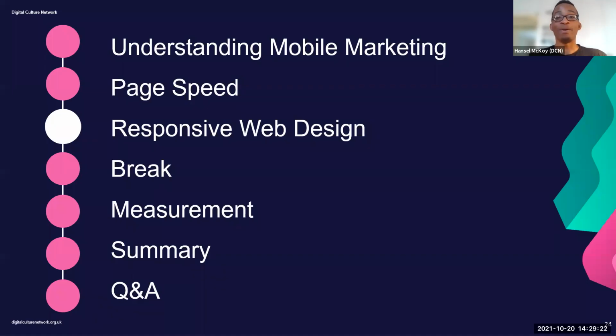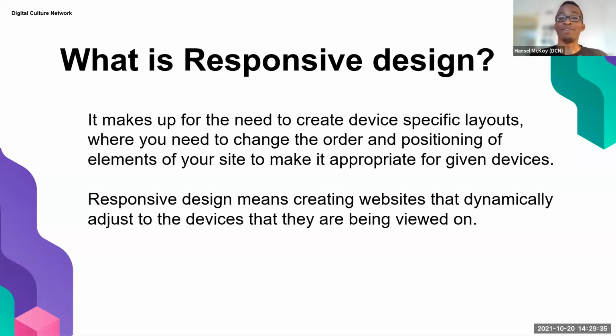So we spoke about page speed just there, and we spoke about understanding what mobile marketing actually is and the channels that go into it. Now let's talk a little bit about making your website more responsive. If you don't know what responsive design is, I'm going to summarize it very briefly now.